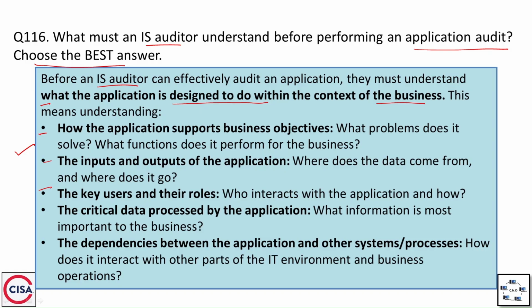This means understanding how the application supports business objectives, what problems it solves, what function it performs for the business, the input and output of the application, where the data comes from and where it goes, the key users and their roles, who interacts with the application and how, the critical data processed by the application, what information is most important to the business, and the dependencies between the application and other systems and processes. How does it interact with other parts of the IT environment and business operations?